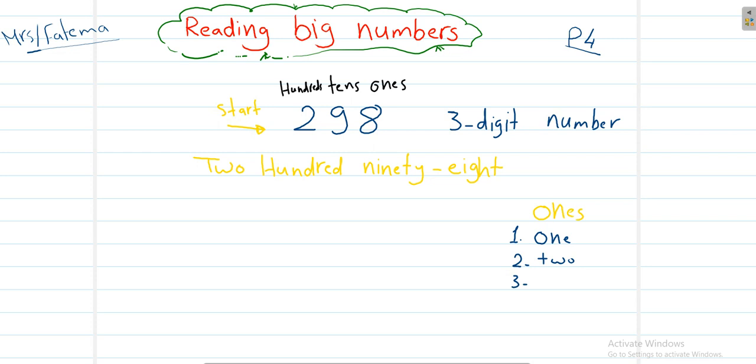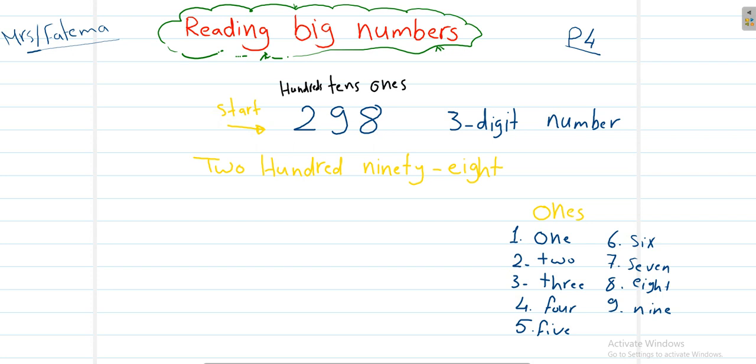If I have 3, it's going to be as it is, 3. 4, 5, 6, 7, 8, and 9. Again, it's going to be 1 or 2 or 3 or 4 or 5 or 6 or 7 or 8 or 9. If I have any digit in the ones, I'm going to have one of these choices.